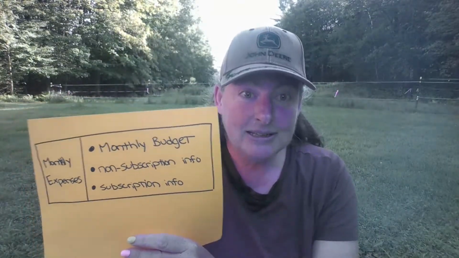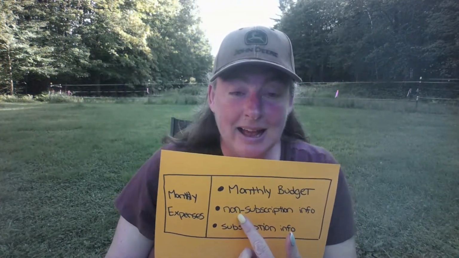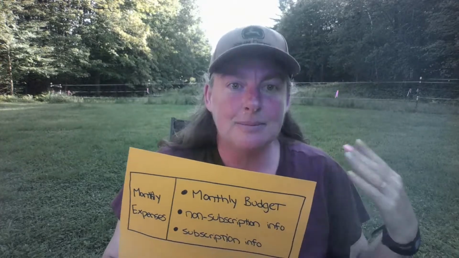Today is a very good example of how the Death Binder is a living document and it keeps evolving. When I first did the Death Binder, I didn't have any monthly subscriptions like Netflix or Amazon Prime or that sort of thing. And now so many things are turning in that direction, whether we like it or not.